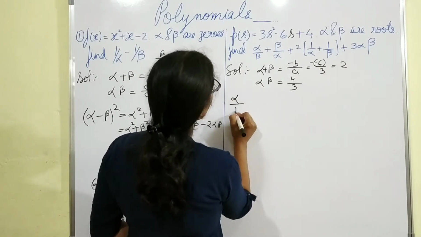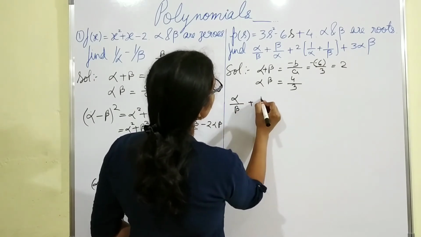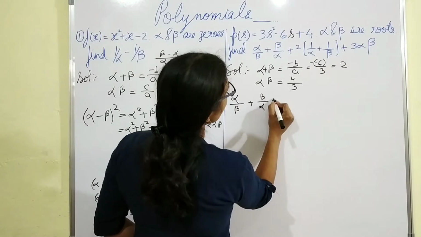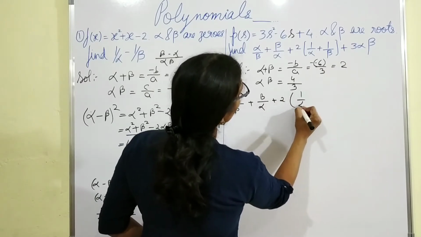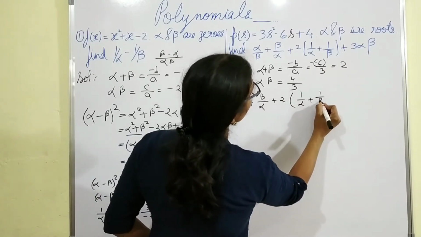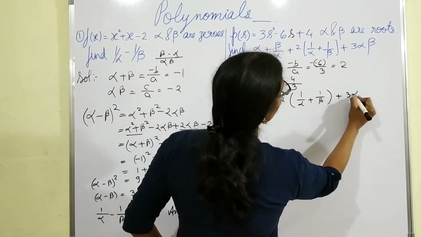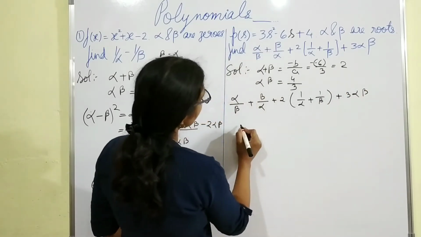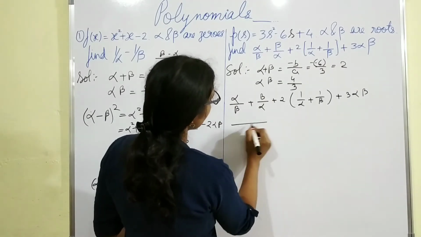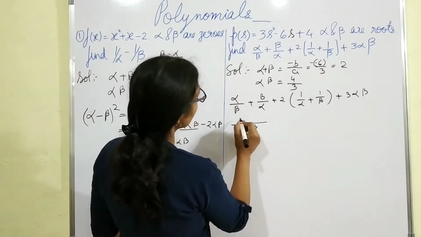So, alpha upon beta plus beta upon alpha plus 2 into (1 upon alpha plus 1 upon beta) plus 3 alpha beta. So, (alpha square plus beta square) upon alpha beta, plus 2 into (alpha plus beta) upon alpha beta, plus 3 alpha beta.